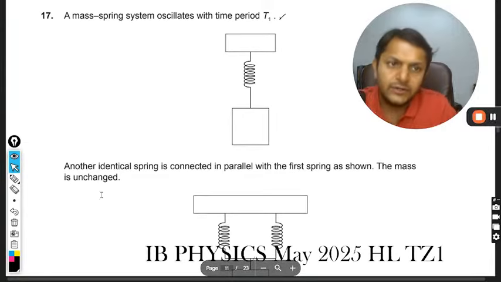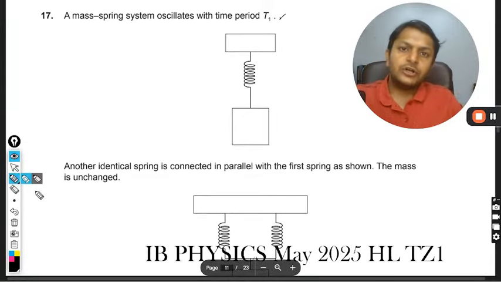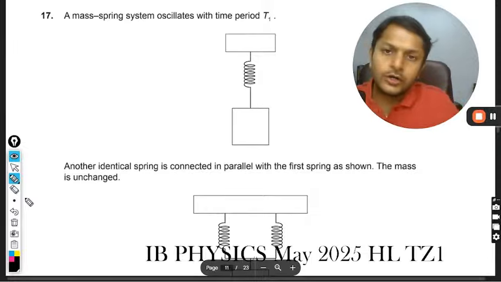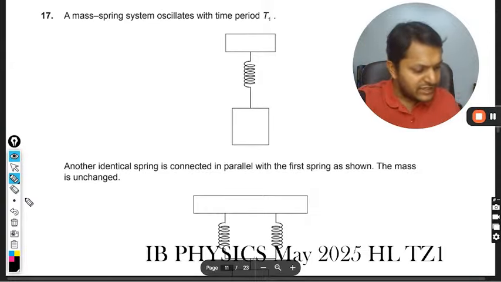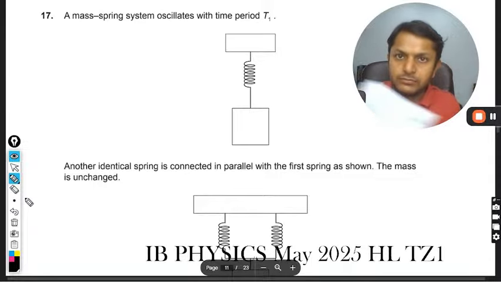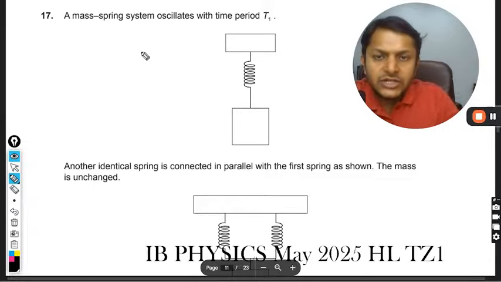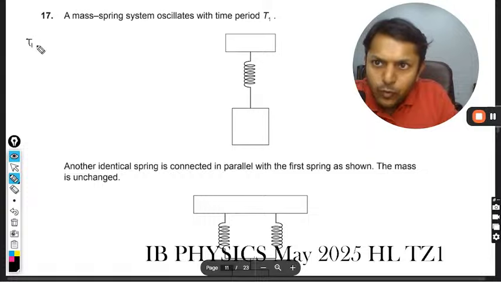Okay, let us see how to do this question. I believe the formula for the time period is given in your data booklet already. Yes, the formula is given there. So the time period T1 will be written as 2 pi root of m by k.